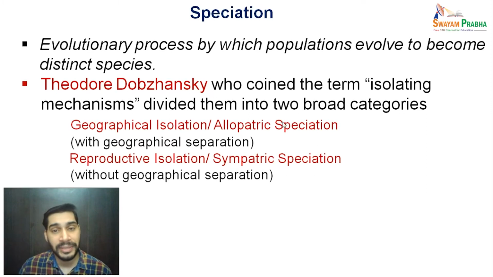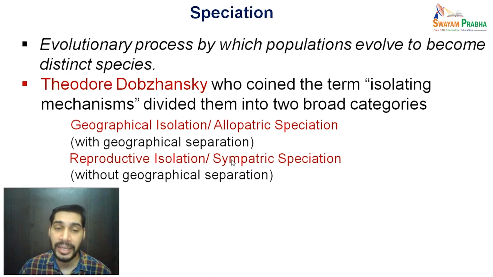So, allopatric speciation arises because of geographical isolation. As the name suggests, these isolation mechanisms or barriers are basically physical or geographical in nature. So there is an involvement of geographical separation.